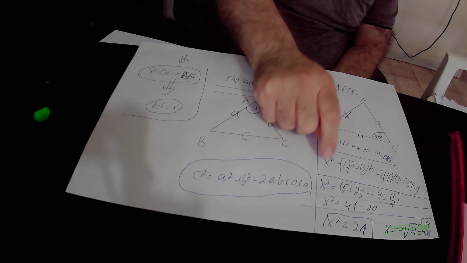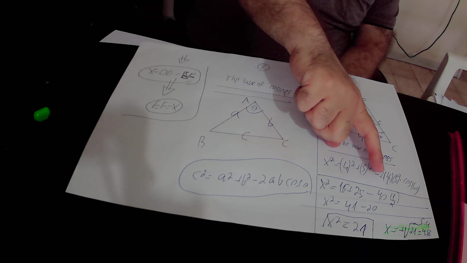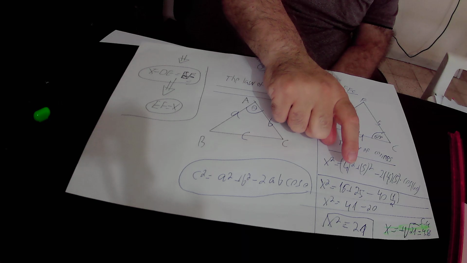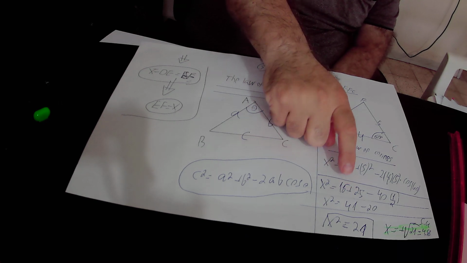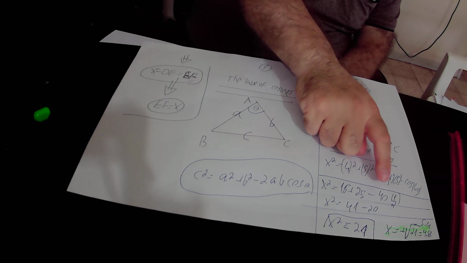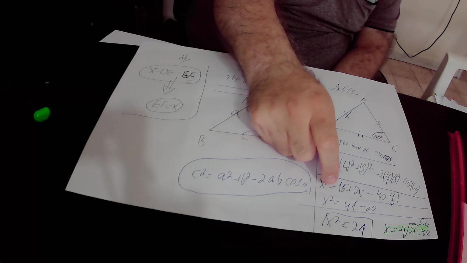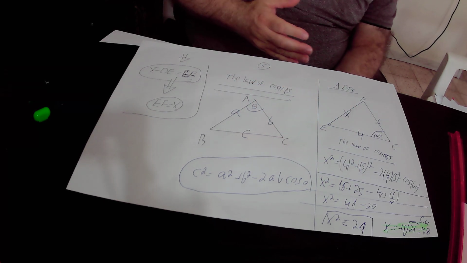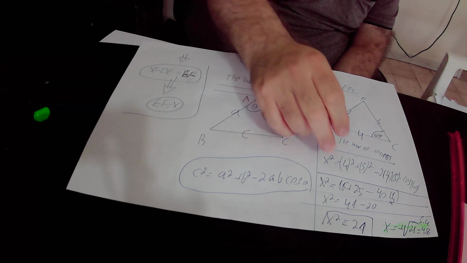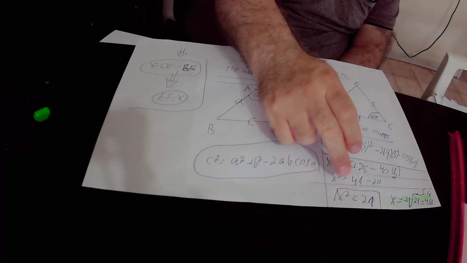So x squared equals 16 plus 25, that is 41, minus 20. So 41 minus 20 is 21. In conclusion, x squared equals 21.